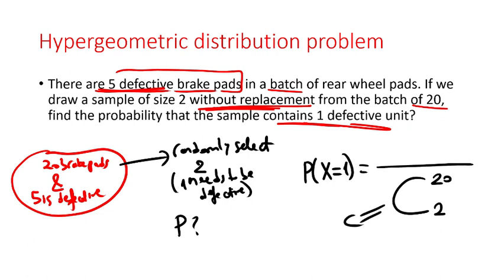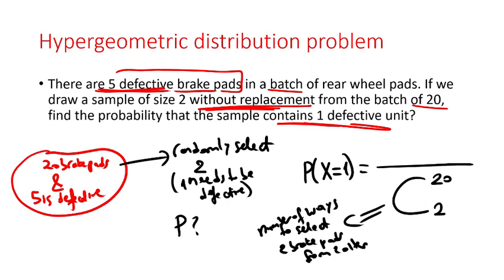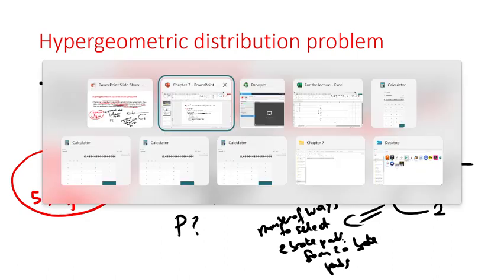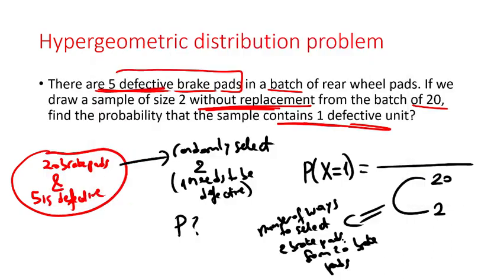So how many ways is it possible to select 2 brake pads from 20 of them?